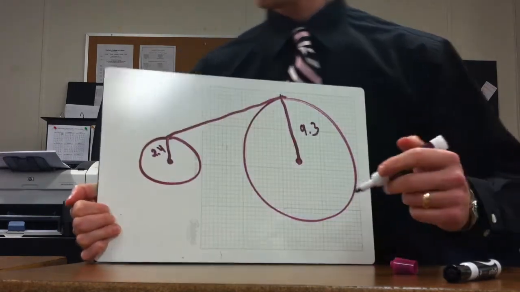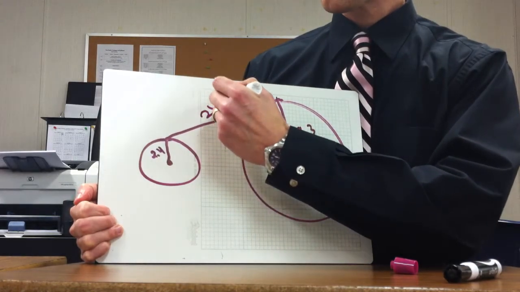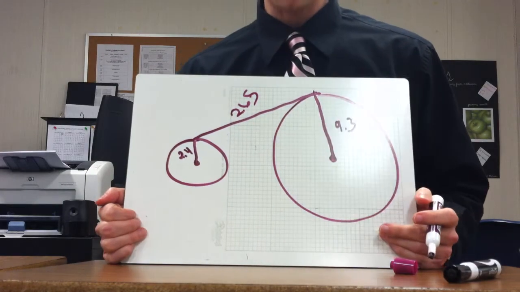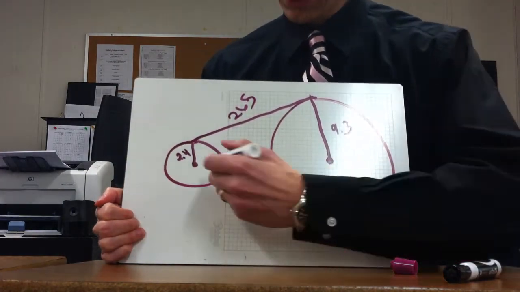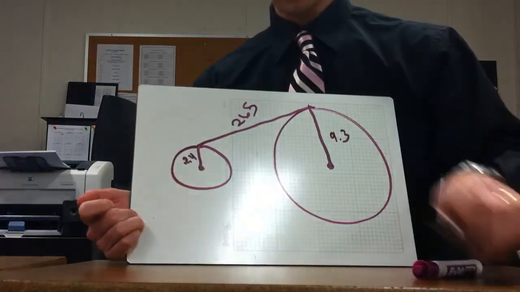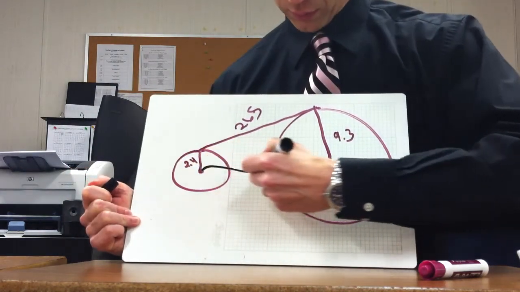And you also have given that this segment at the top is 26.5. The question asks you to find the distance between the center of the circles. Okay, so you're actually looking for the segment that connects the two circles, which would be right here.